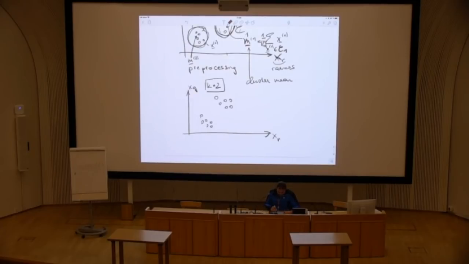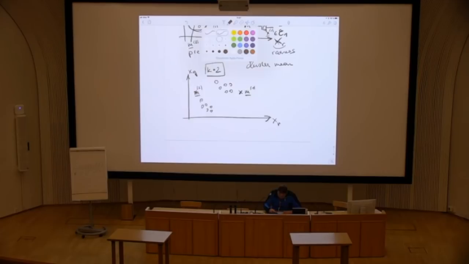We iterate. So we start with an initial guess for the cluster means, M1, M2. Let's use some color coding here. Initial guess for cluster means.